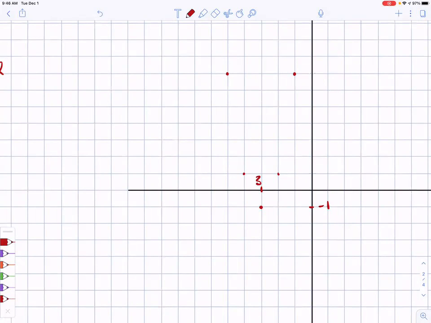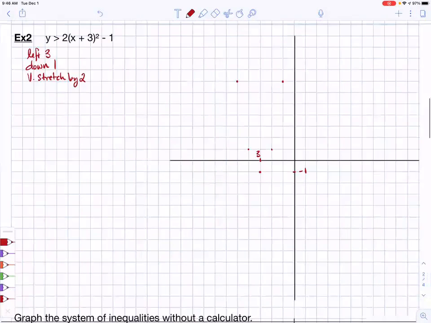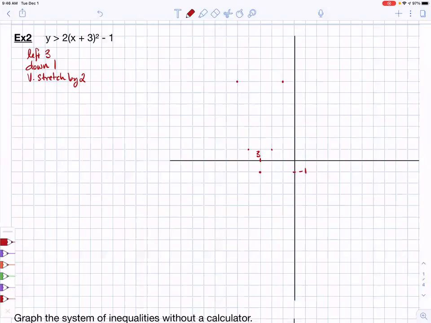Okay, so our parabola is mapped out. And now I'm ready for my 2 questions. So what's question number 1? Dashed or solid. And what am I going to choose? Because there's no equal sign, we're going to choose dashed.